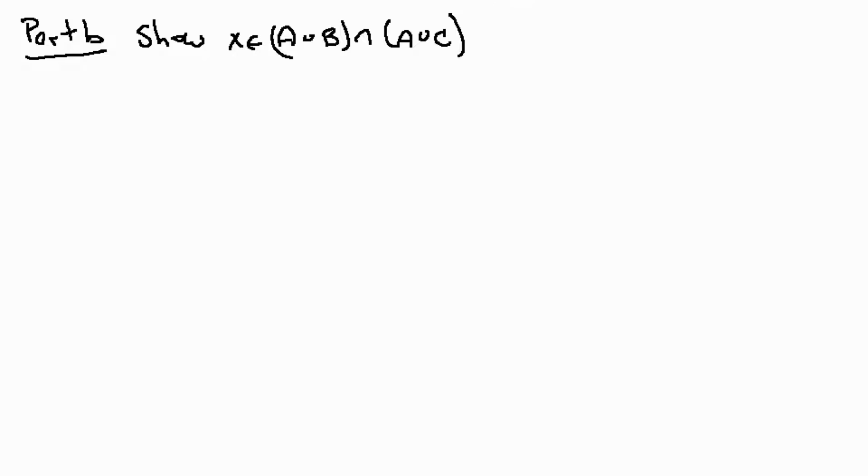Okay, so we're up to part B of the proof. And for part B of the proof, we need to show, and note the word if here: if X is in A union B, intersection A union C, then X is contained in A union B intersection C. Okay?